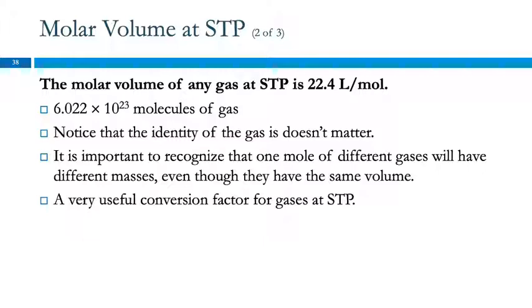The identity of the gas doesn't matter. 1 mole of different gases will all have the same volume, but their masses will be different. So this is a really, really convenient conversion factor for gases at STP. You can't just use it for everything. You cannot use it for liquids or for solids. It can only be used for gases.